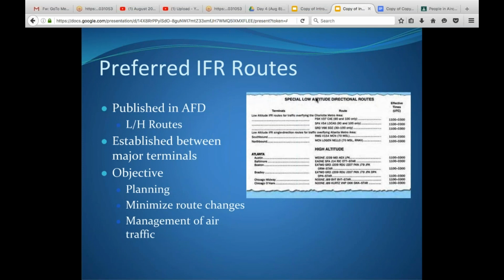So, kind of to digress and to dumb down what I'm talking about, what you're filing with ATC: every time an airplane is going to take off and fly from airport to airport using IFR, instrument flight rules, they have to submit to air traffic control the exact route they're going to fly.